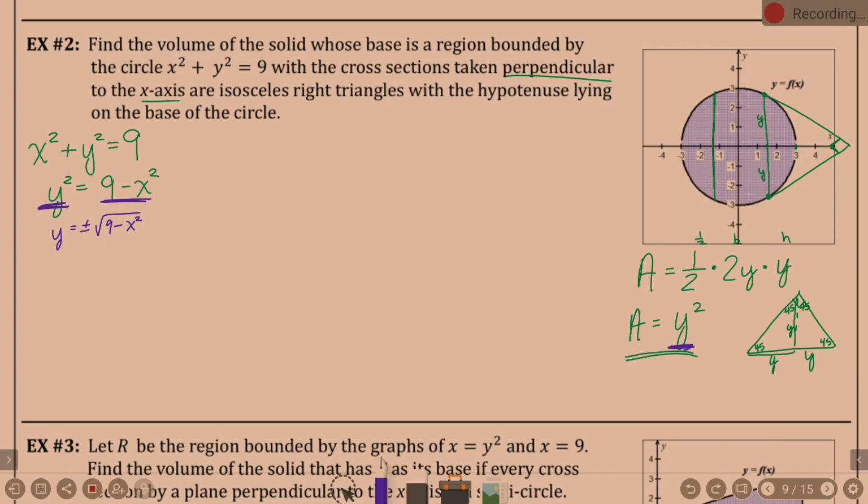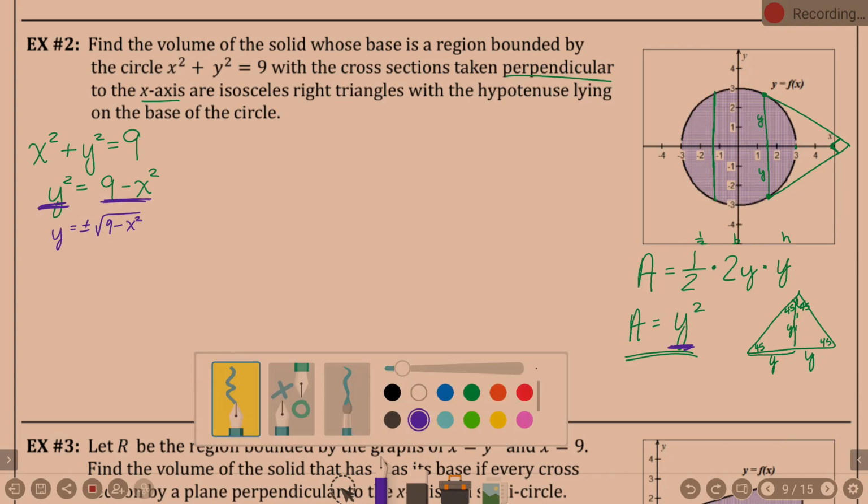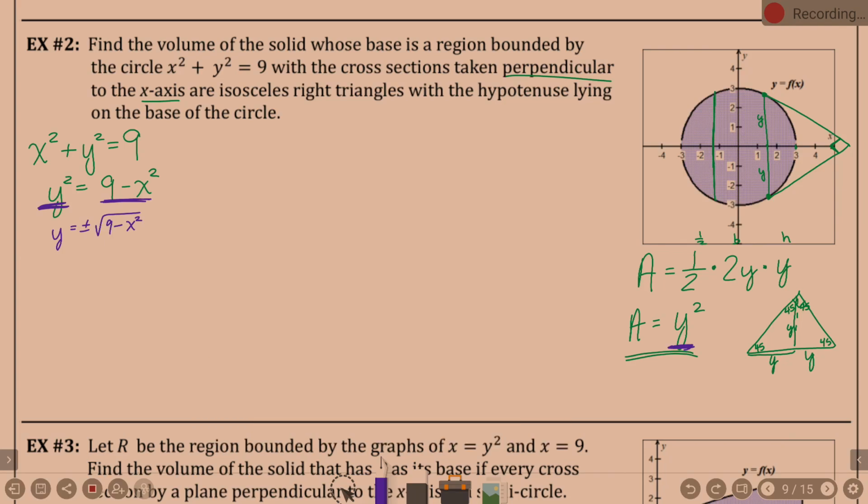Okay, so let's see if we can work on setting this volume up. We are integrating the area. It was going to be y squared, which in terms of x is 9 minus x squared, times dx, which represents the width of each little triangle here in this case, from -3 to 3.